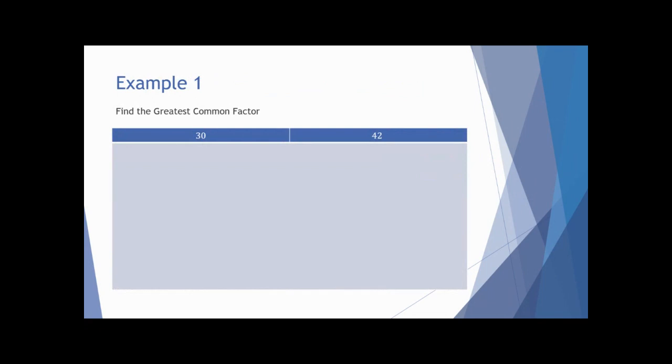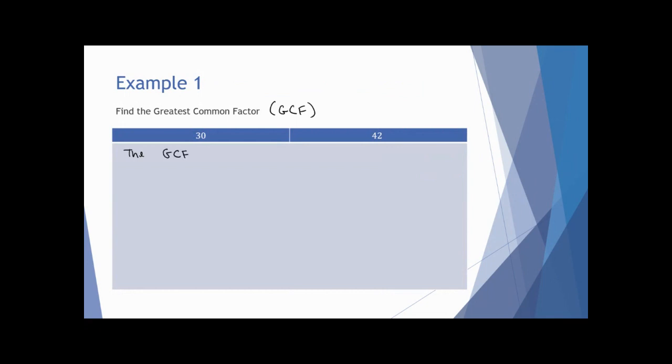So we're going to just start with the greatest common factor, and we've got two numbers, 30 and 42. So the greatest common factor is the largest number that divides into 30 and 42. So I'm going to write that down so you know exactly what you're looking for. We abbreviate greatest common factor as GCF.